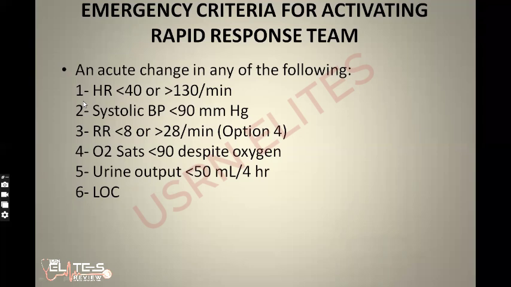Some athletes can have a sustained heart rate of 50 or even 48, which can be their normal, and it calls for no intervention. But no matter what, whether the person is an athlete or not, anything below 40, at least call for the rapid response team. Okay. Then if you have a heart rate of 130 or more per minute, call them.